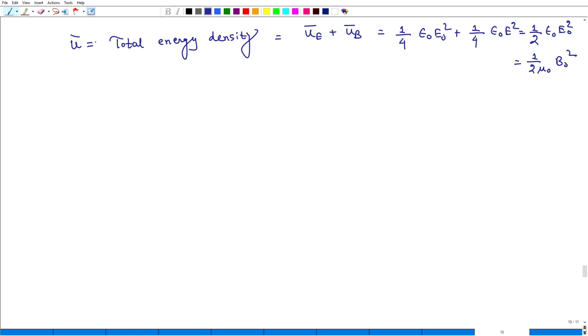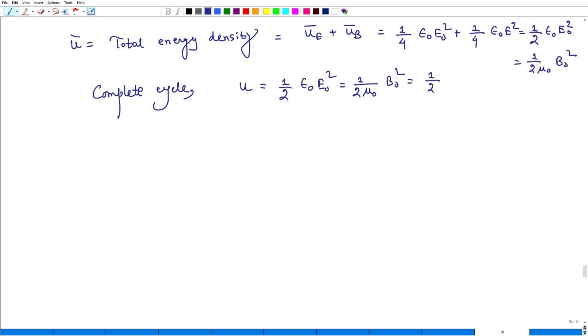If we consider the complete cycle, then the average value can be written as just U. So, for a complete cycle, we can write U equals total energy density, which is half epsilon naught E naught square, equals half, 1 by 2 mu naught B naught square, or we can write 1 by 2 mu naught H naught square.